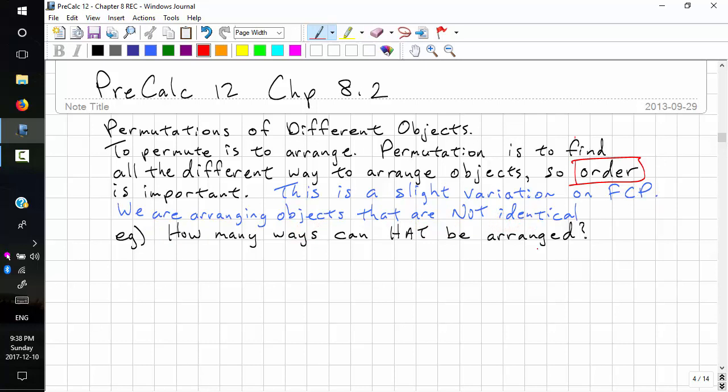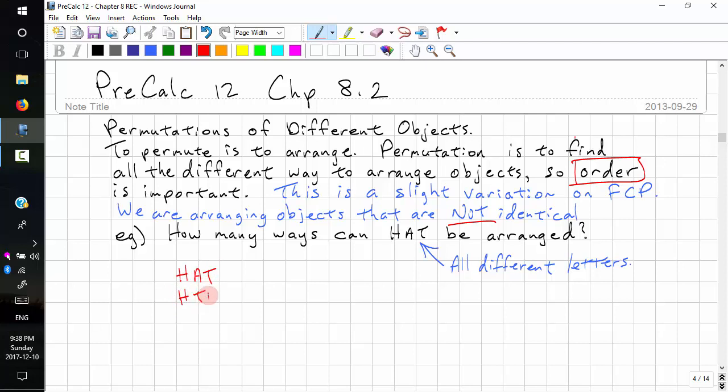How many ways can HAT be arranged? Well, HAT, all different letters. That means we are arranging objects that are not identical. So let's just start off with HAT. And the best way is to keep the first letter until you've rearranged all the letters after that.